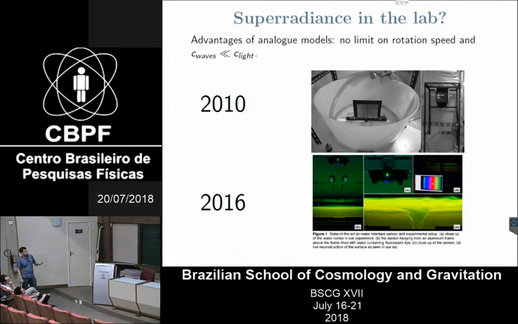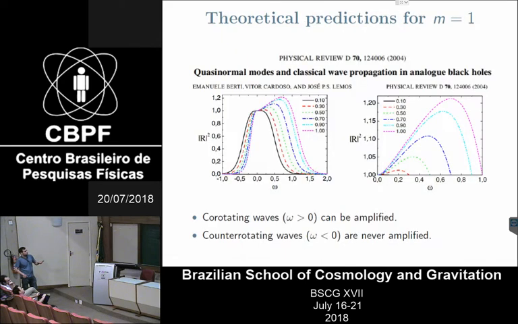I'm going to explain in a bit what these things are, but basically you can see a water vortex here, and here's the detector which we use to measure the flow and the surface of the flow. But I'm going to get into details very soon.